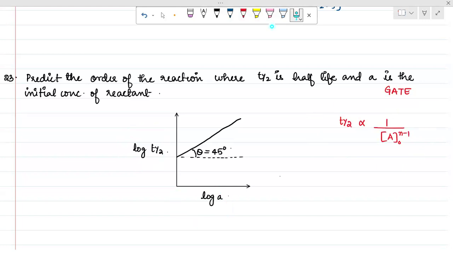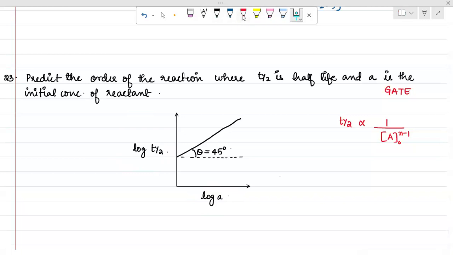As you increase the value of log A, log T half is also increasing. So it is a proportional relation. If A increases, log A will also increase, and as a result, log T half will also increase, correct?